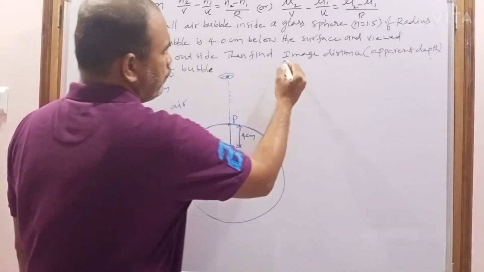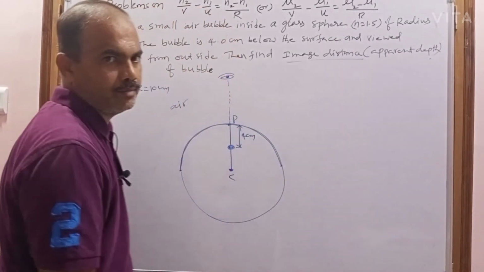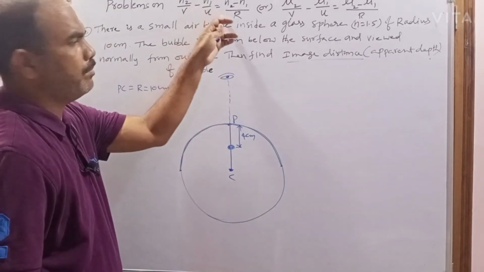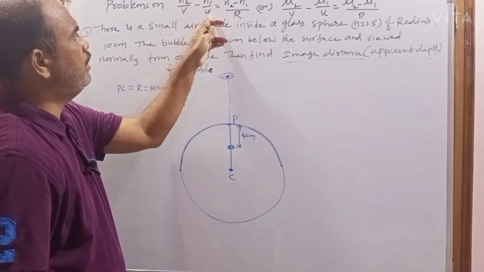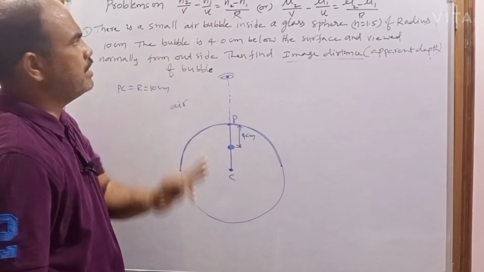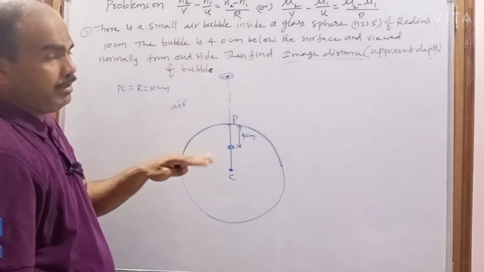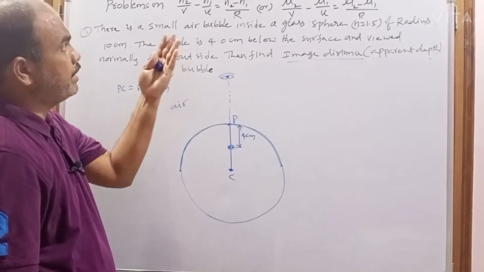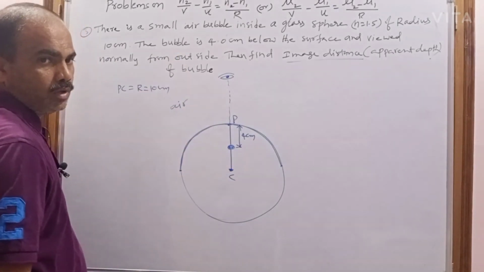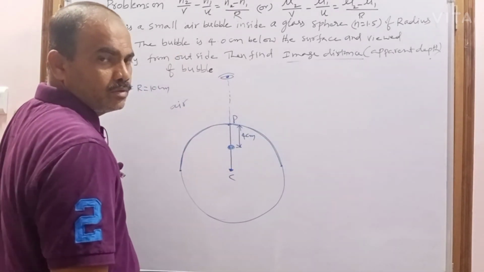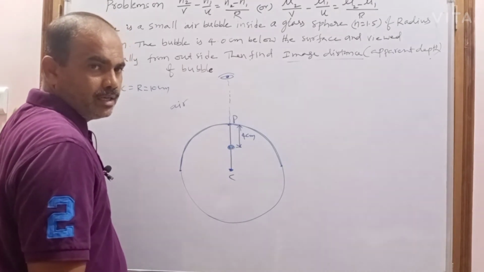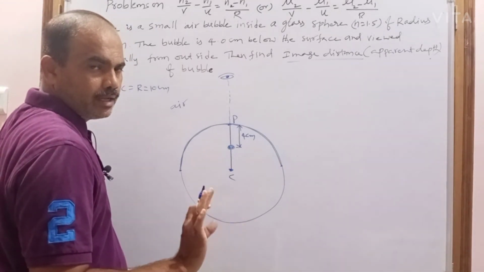So now we have to find the image distance or apparent depth. To find it we have to use this formula. To use this formula you have to find which is N1 and which is N2, which refractive index of the medium can be taken as N1 and which as N2. I already told that the medium in which the incident rays are traveling can be taken as N1.